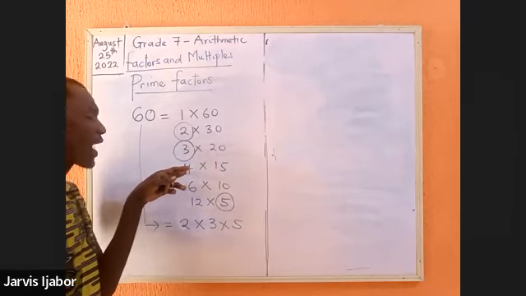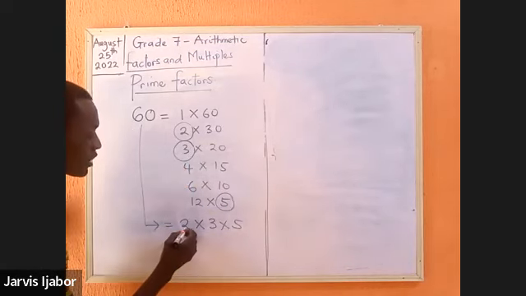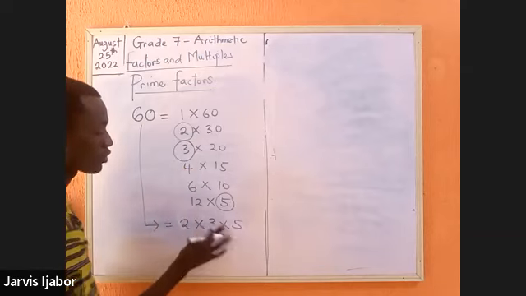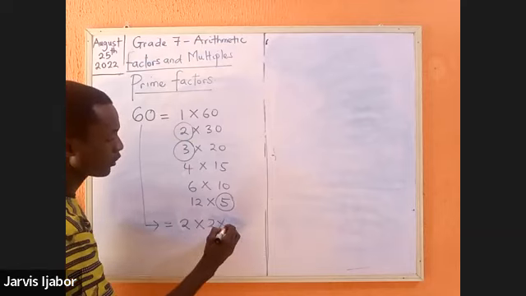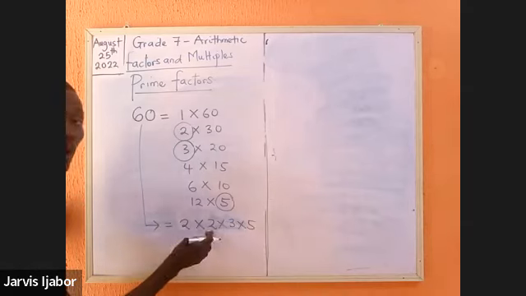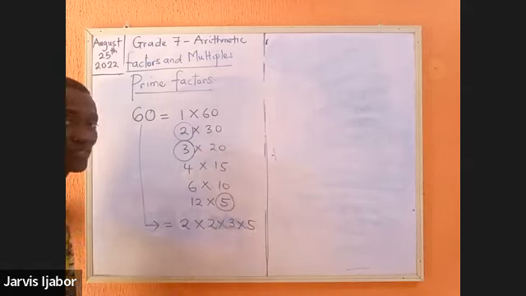How many 2s will I multiply to get 4? It will be 2, so 2 will be multiplied twice to get 4. So I'm going to have 2, 3, 5. That is 2 times 2, 4, times 3, 12, times 5, 60.